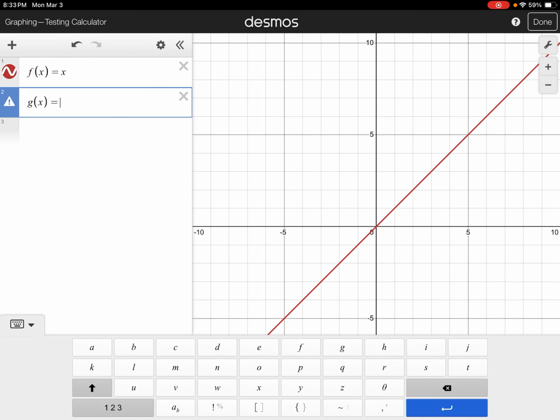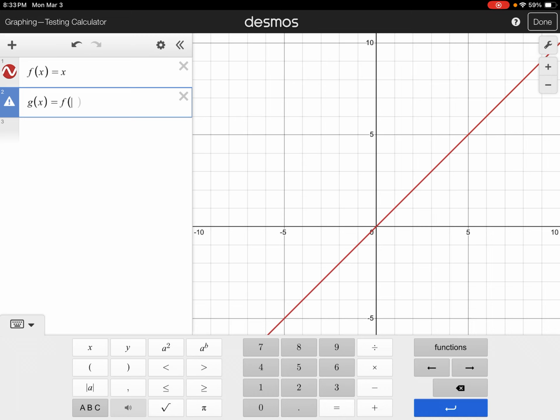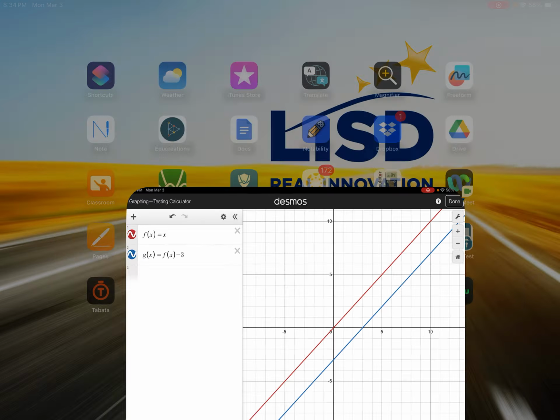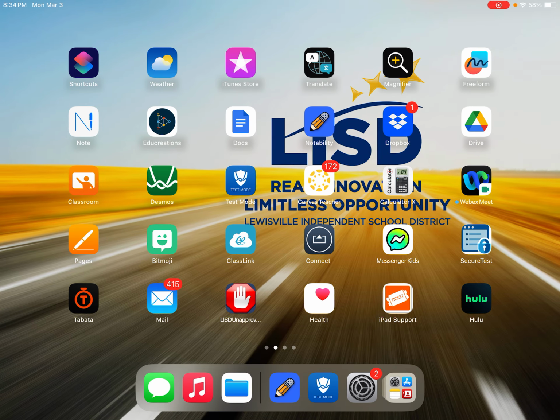G of x equals f of x minus 3. And there you go, right? My red line is the original. The blue line is what minus 3 tells me to do, which is clearly moving it down 3 units. Okay, so as long as you know how to type it into Desmos, Desmos will kind of show you the way.